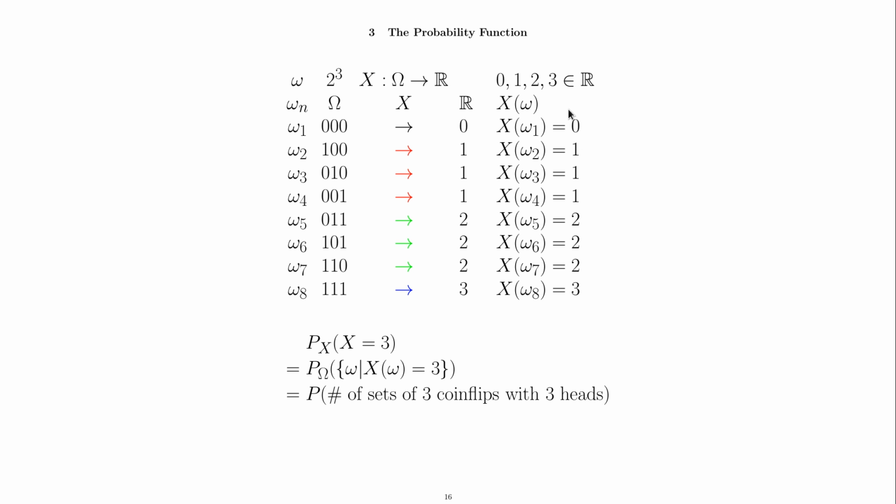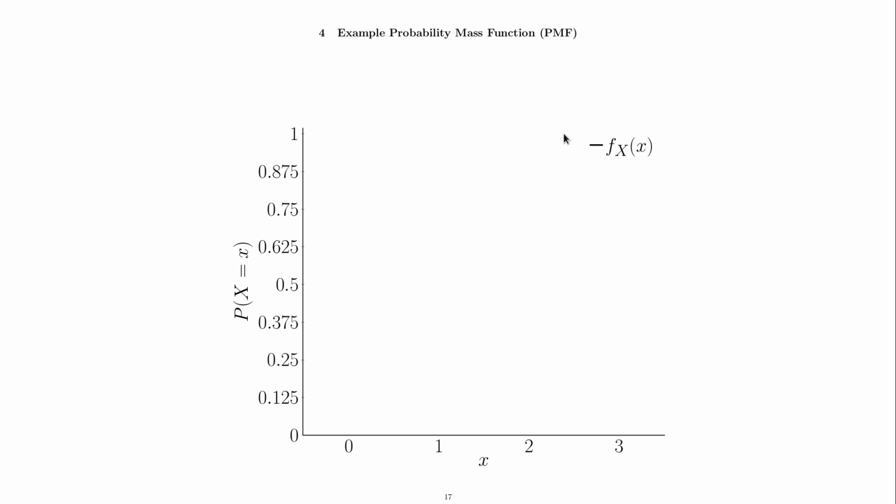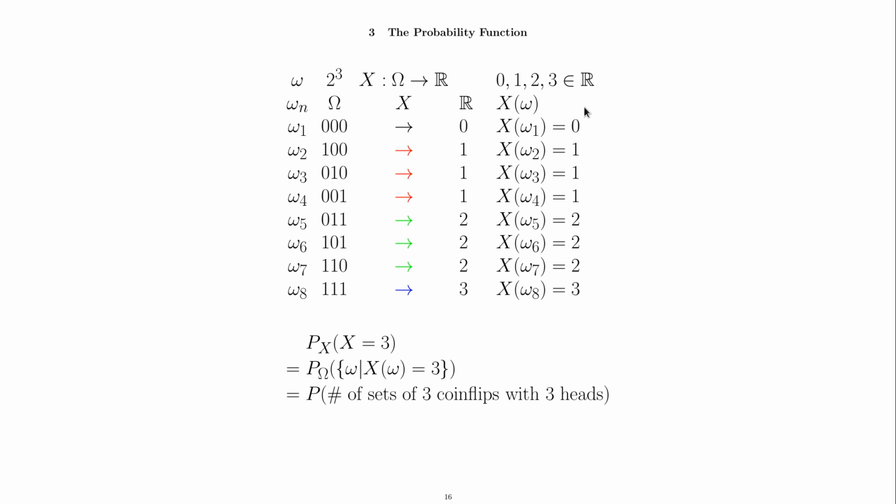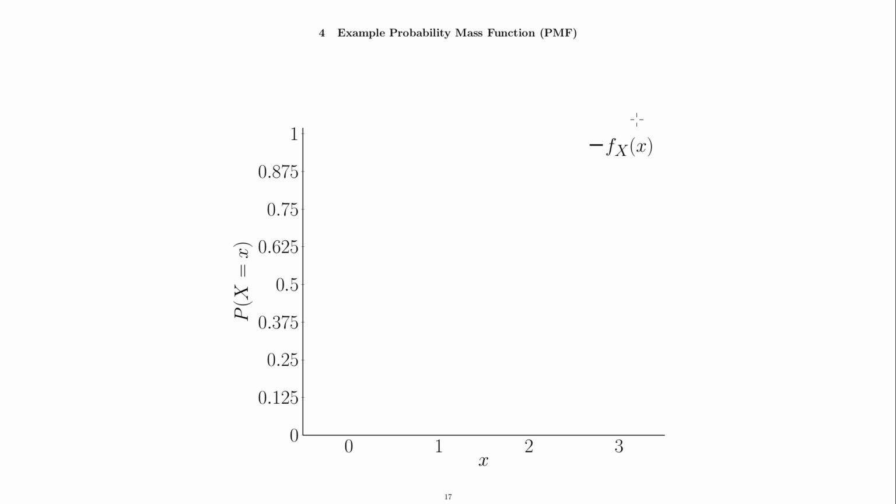Well, if I say, okay, we're just going to count this stuff up because it's a fair coin. There are 8 total things here, 2 to the 3rd, which means that the probability of this happening is just the number of times that it occurs, which is once. So it should be 1 over 8. And if we look, it is indeed 1 over 8.